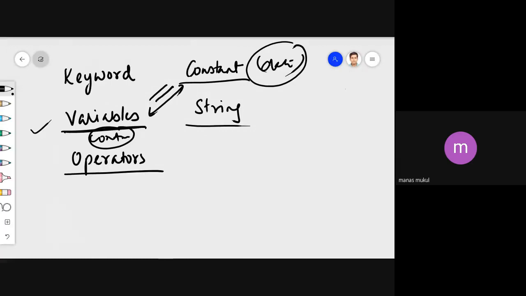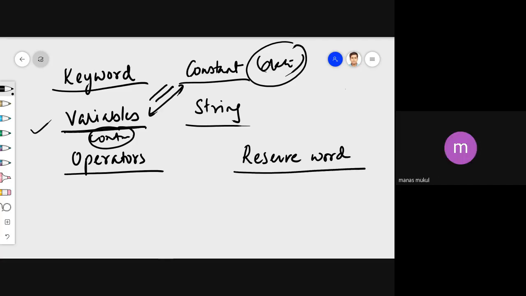Now we come to the last part, and what is that? A keyword. What is a keyword? Can anyone tell me what's a keyword? Sir, a special word. These are called reserve words. What is the meaning of reserve word?